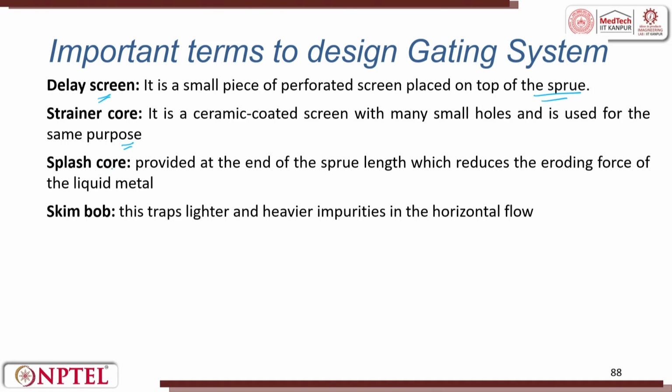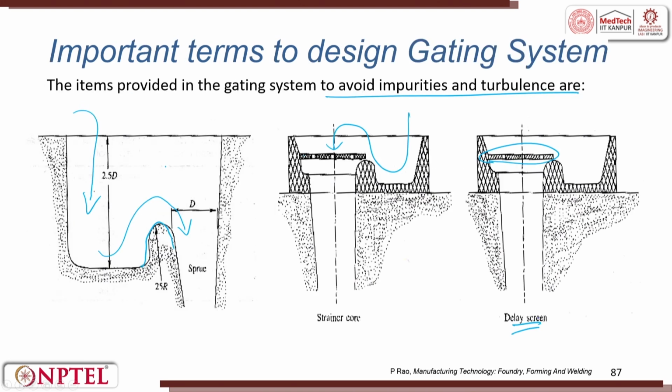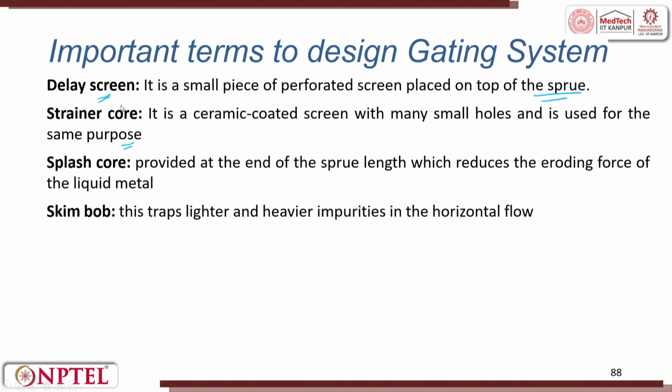Splash core is provided at the end of the sprue length, which reduces the eroding force of the liquid metal. We also have skim bob. Skim bobs are used to trap lighter and heavier impurities in the horizontal flow.